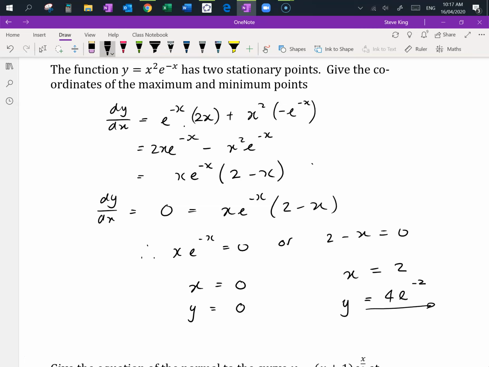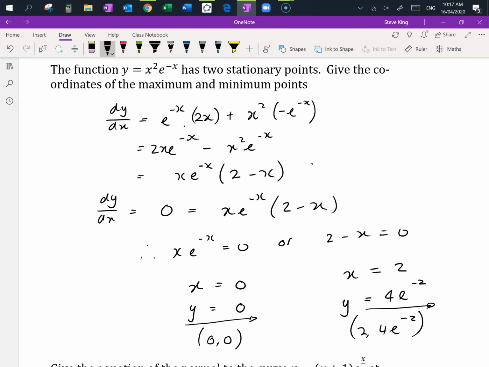And in fact, I'm not going to bother taking that out any further. I can leave it like that. So there are my 2 points, 0 and 0, or 2 and 4 e to the minus 2.